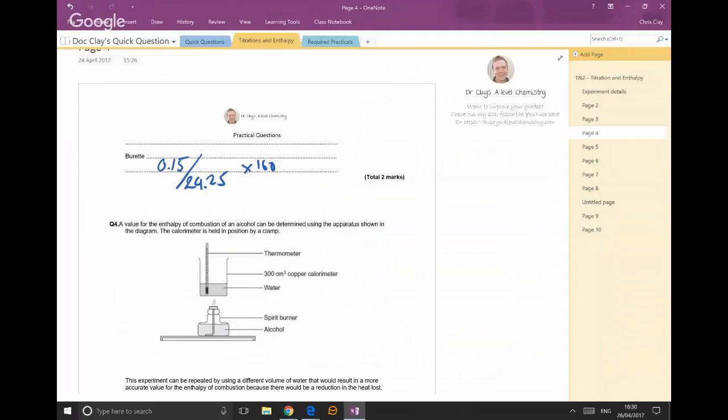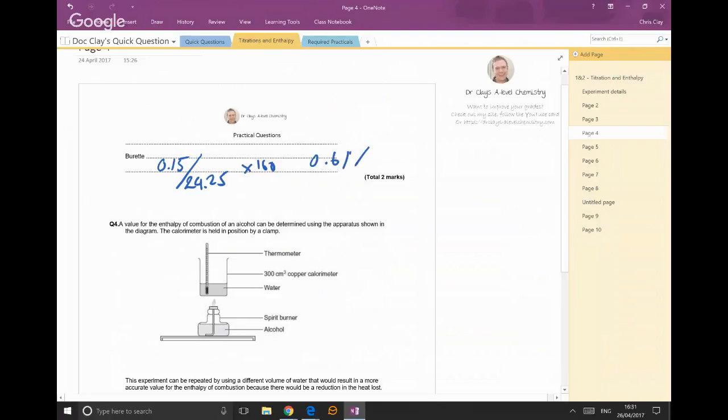I just need to do that calculation to work that one out. So 0.15 divided by 24.25 times by 100 is giving us an answer there of 0.61%, hopefully.